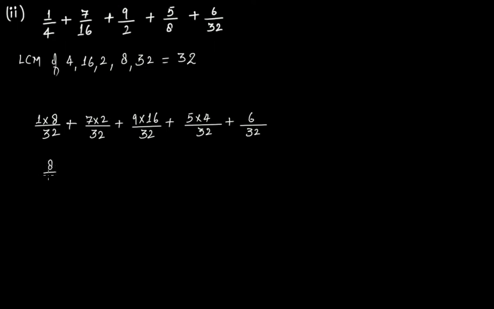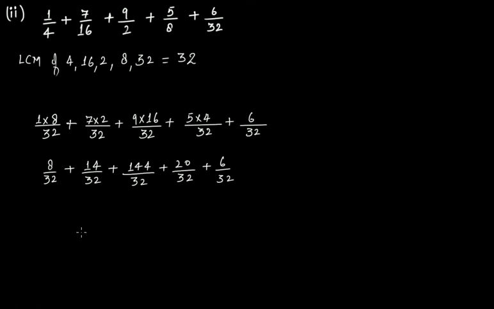This is 8 over 32 plus 14 over 32 plus 144 over 32 plus 20 over 32 and plus 6 over 32.